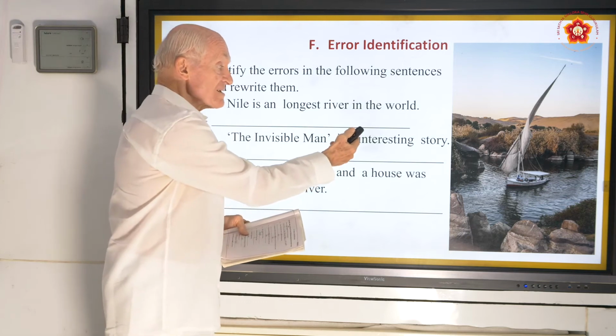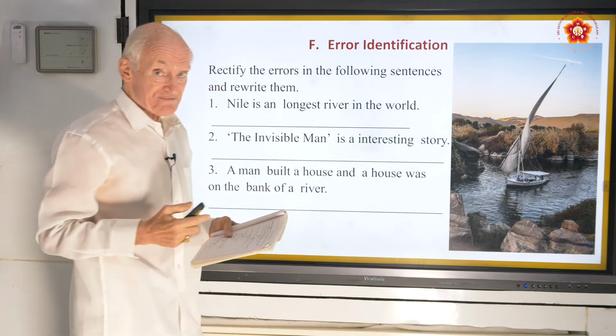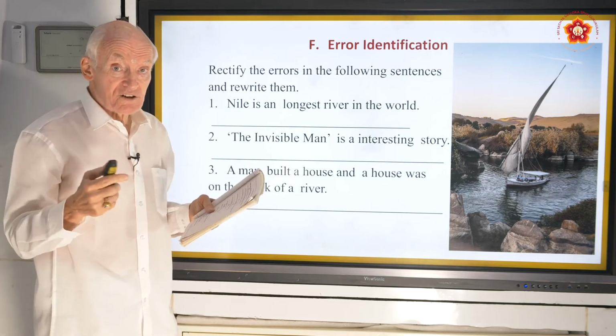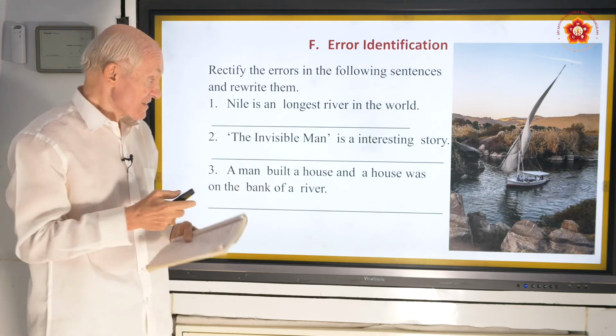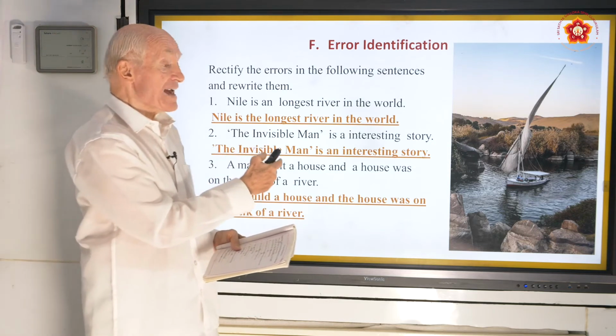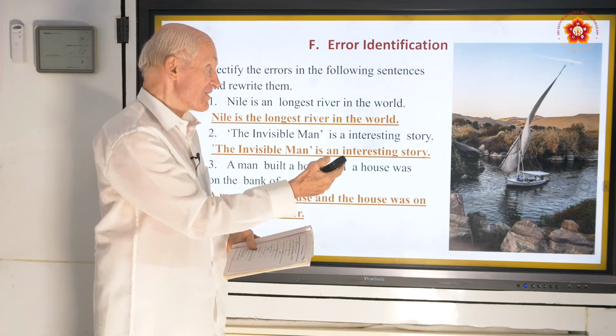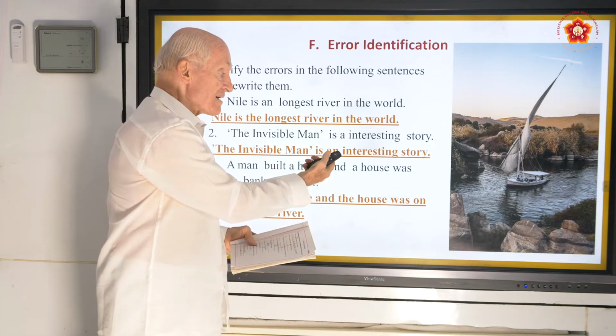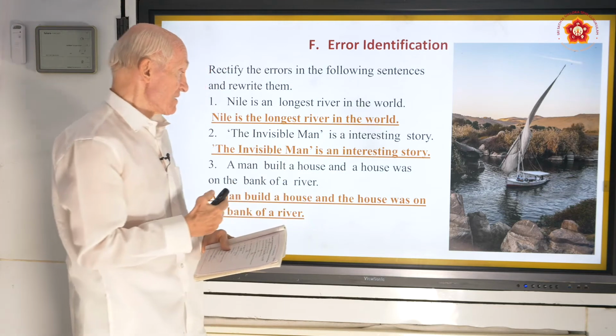When it's a consonant, then we use a. An goes before a vowel, a goes before a consonant. Let's see if we're right. The Invisible Man is an interesting story. It sounds better, it flows better. It's the indefinite article an in front of a vowel.